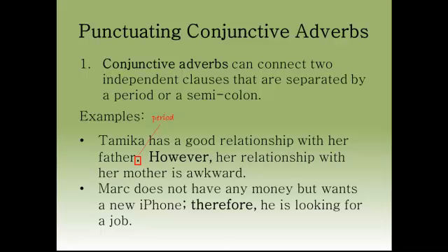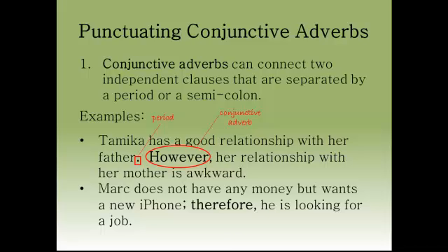Now the second independent clause, her relationship with her mother is awkward. In order to use the conjunctive adverb to separate those two clauses, you put the conjunctive adverb first. I want you to label the conjunctive adverb, draw a line, and then draw a circle around the conjunctive adverb. So that's the first way we can punctuate two independent clauses that are separated with a conjunctive adverb.